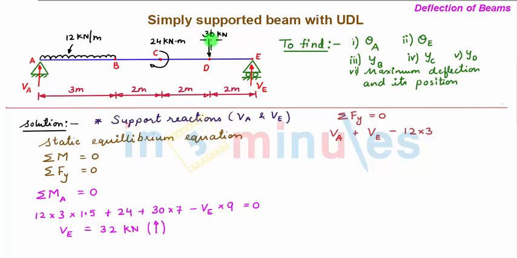Then there is another downward force of 30 kN, so minus 30, and this whole is equal to 0. Upon substituting the value of VE as 32 kN, we have VA plus 32 minus 36 minus 30 equal to 0. So upon solving this we get the value of VA as 34 kilonewton. Again VA is positive, meaning that the direction of VA is upward.